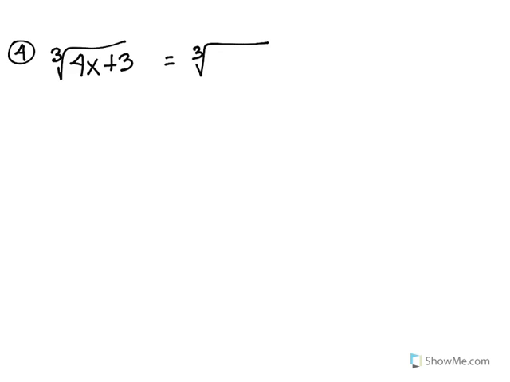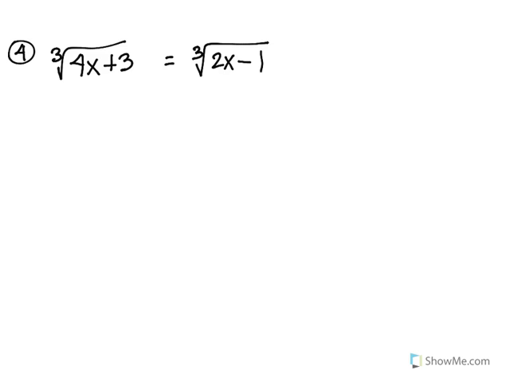Equals the cube root of 2x minus 1. Now these are not square roots, they're cube roots. But what would I do to get rid of them? I'm still solving for x. My issue is the radical. Cube both sides. There we go.